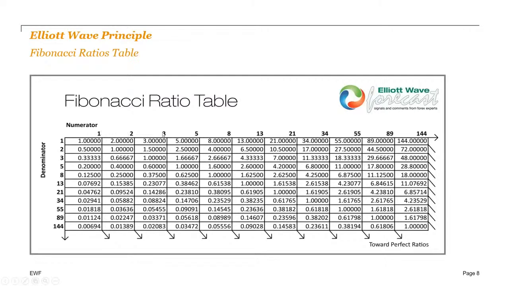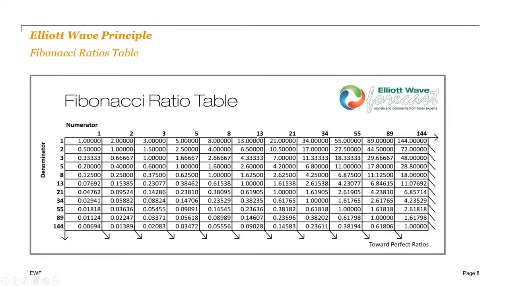We'll not talk about history and all those things, but Fibonacci is a sequence of numbers starting with 1, 2, and then you keep adding the previous 2 numbers. So 1 and 2 you add becomes 3, then 2 and 3 becomes 5, 3 and 5 becomes 8, 5 and 8 becomes 13.